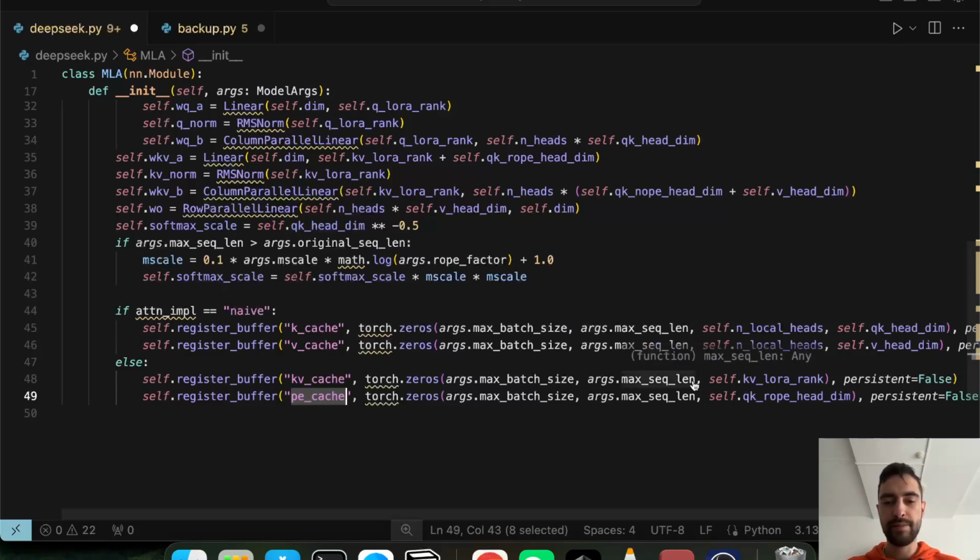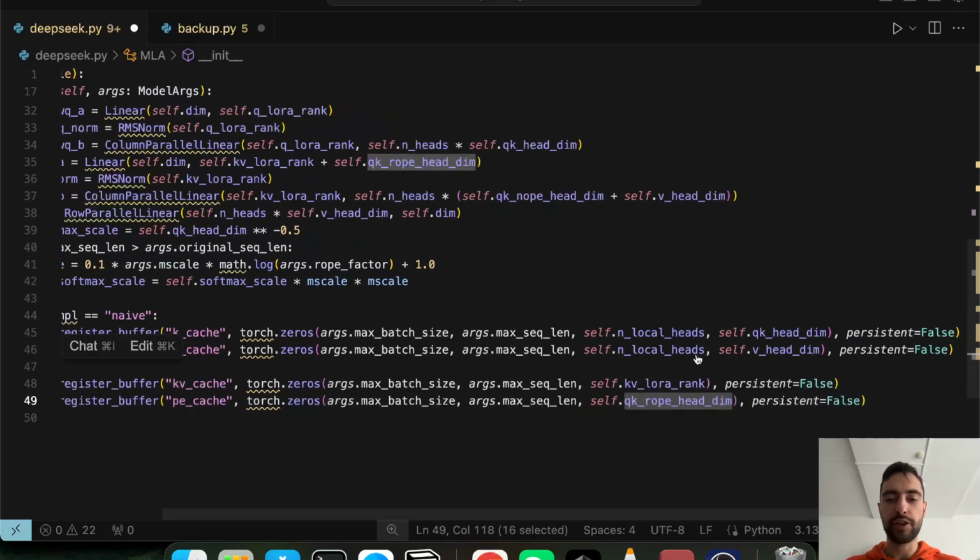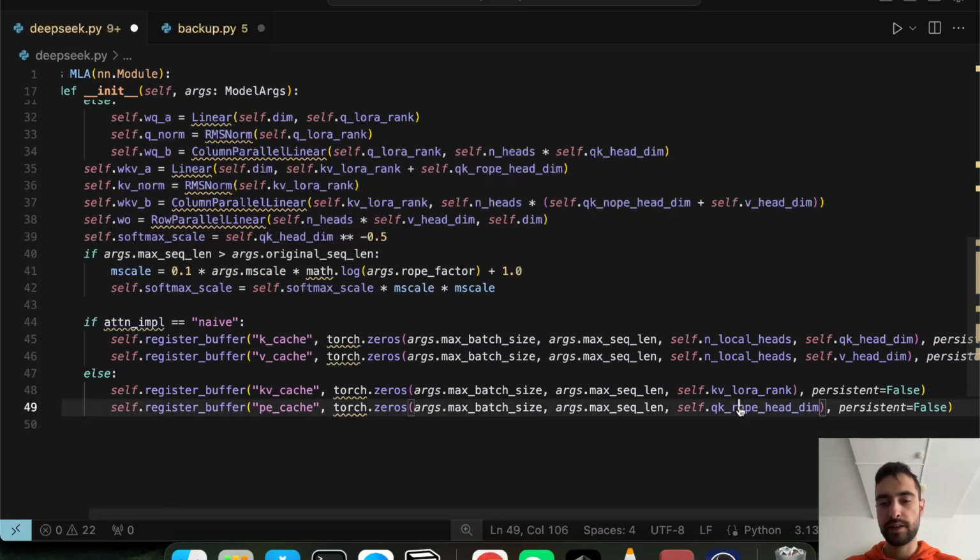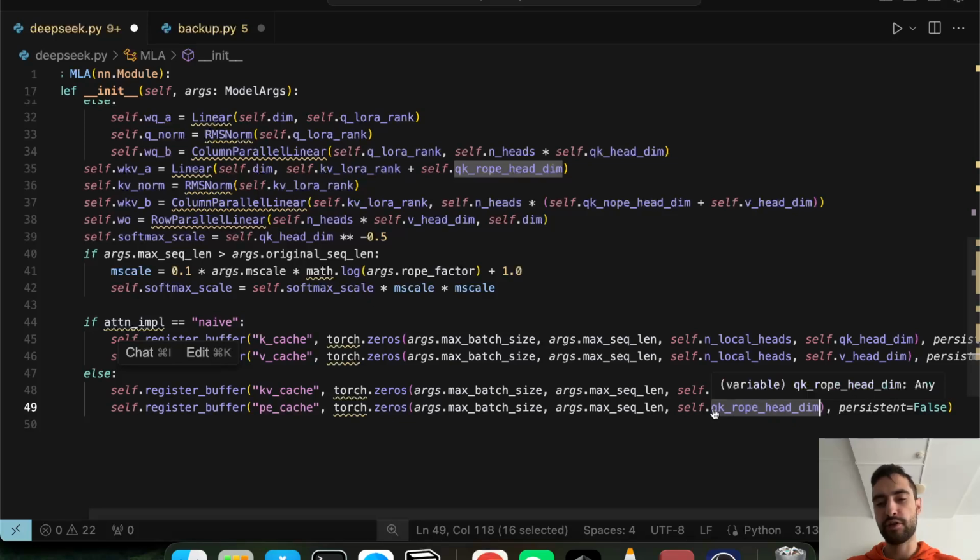So everything is the same, and here we still don't have number of heads because it's the same for every head. We just have the rope head dimension, so we use this variable for the query key rope head dimension.